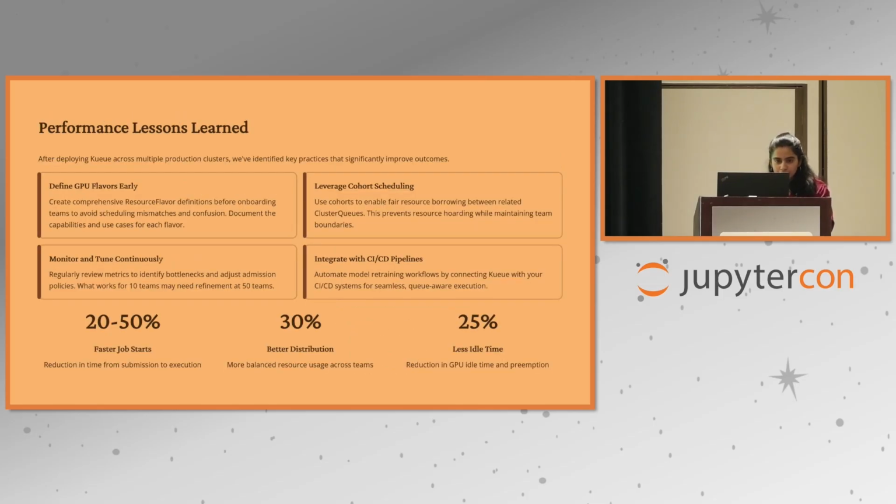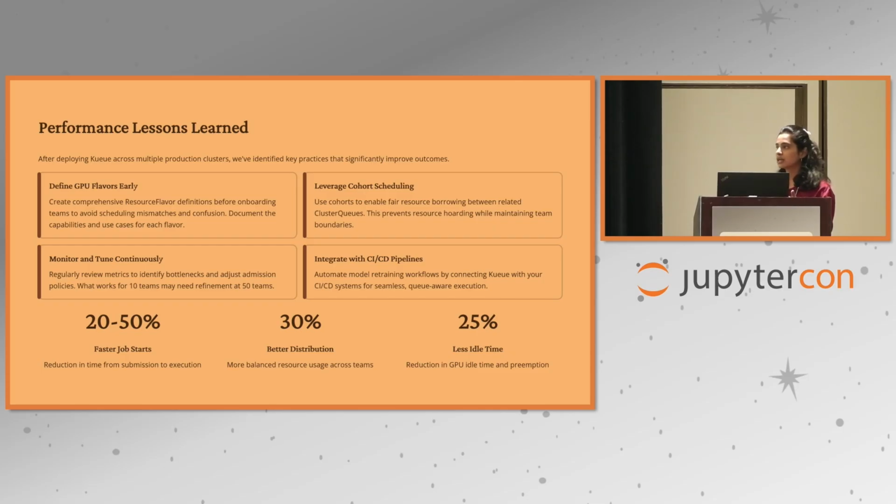Yeah. So like I said, the performance lessons learned. So how is it actually benefiting? It's not a small difference. It's 20 to 50% faster job starts, and also less idle time.